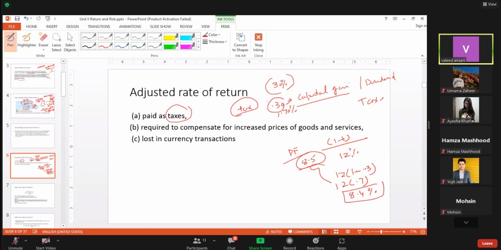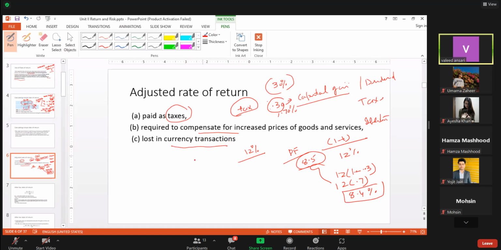Then one more thing is that inflation also affects the rise in price. For instance, 12% return is coming, but the prices are rising more than that. Then the real return will be lower. Another important thing, which I will explain one by one in more detail, is currency transaction.